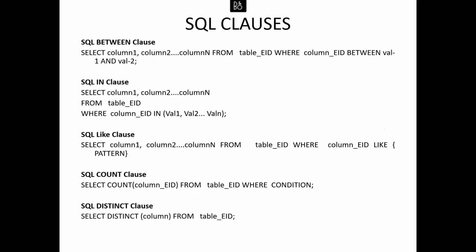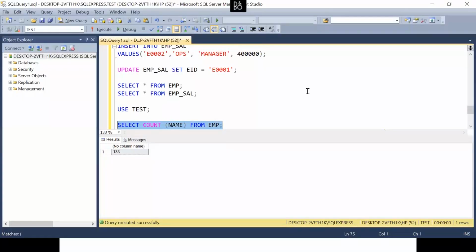Then we have distinct clause, which gives the unique values of a particular field. Now, supposingly, I wanted to know that I have the employees from which all cities in my company.